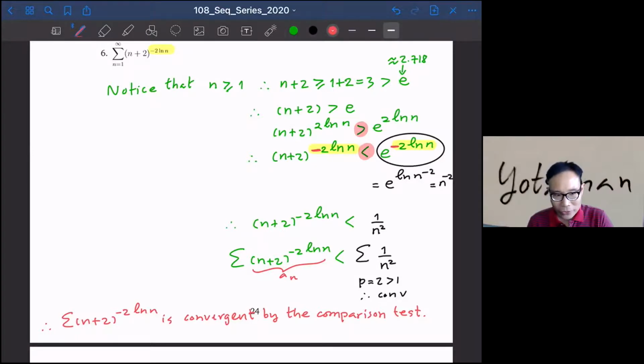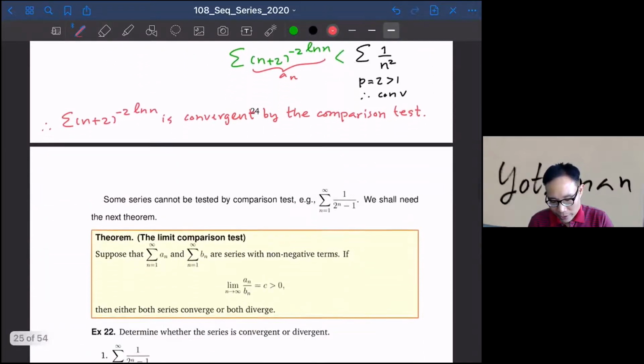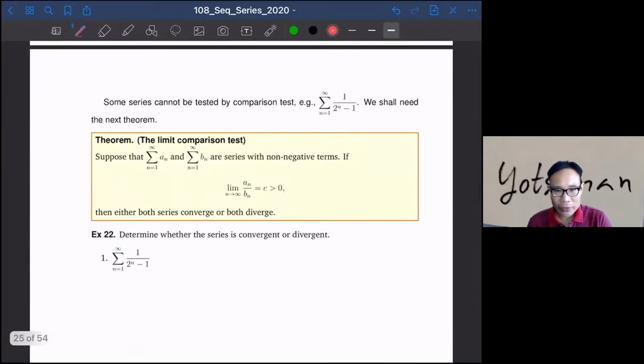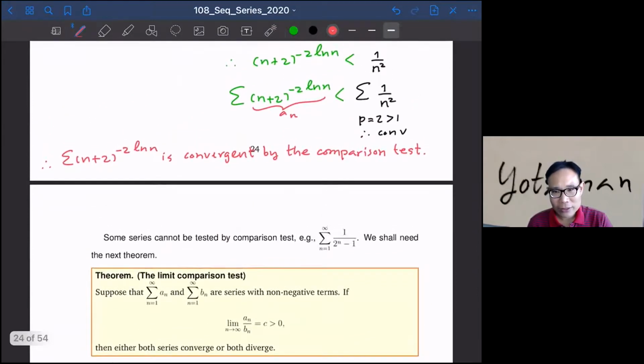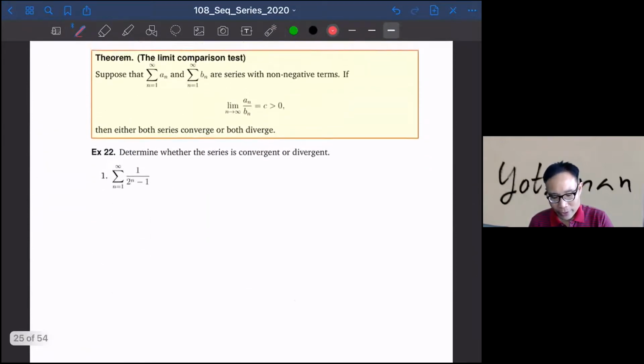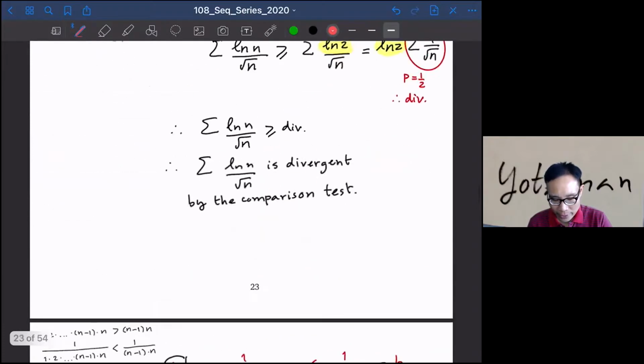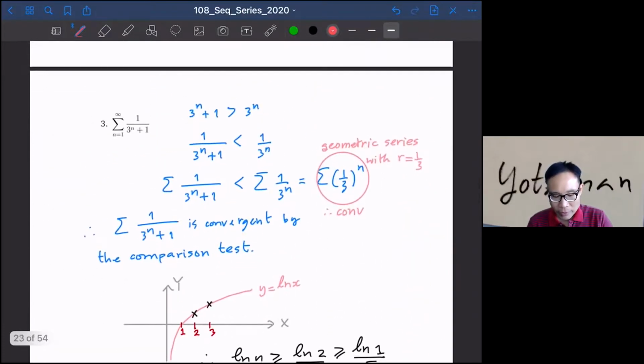You see this one is called the comparison test, and sometimes we face a series for which the comparison test fails. For example, look at number 3 again. In number 3, you have 3 to the n plus 1 higher than 3 to the n, and you're able to have everything set up nicely in terms of the comparison test.